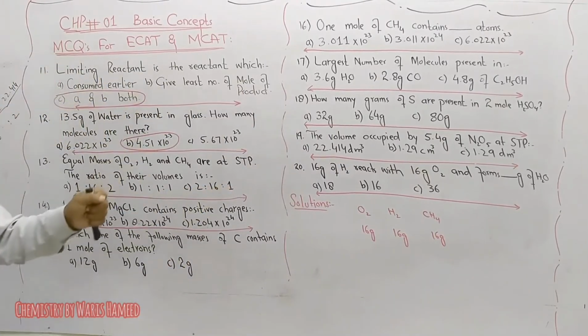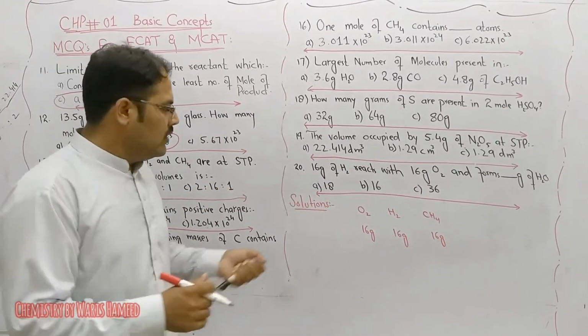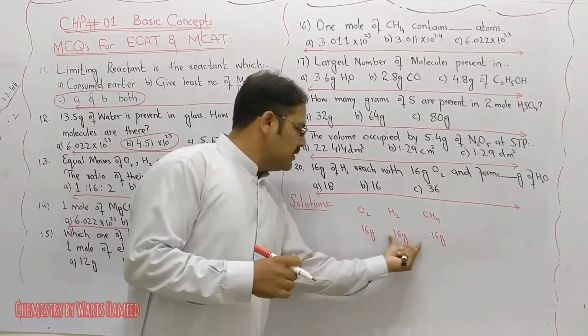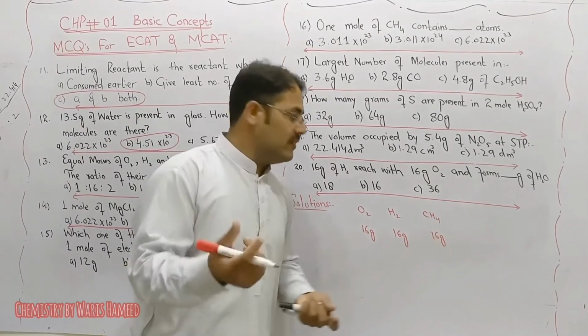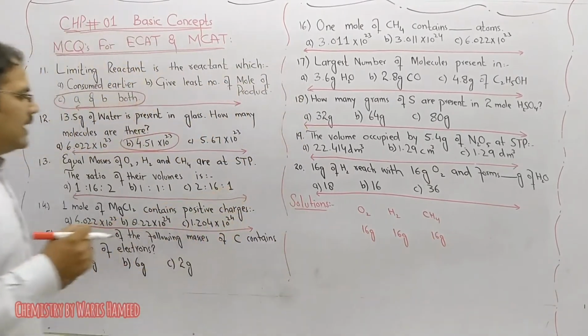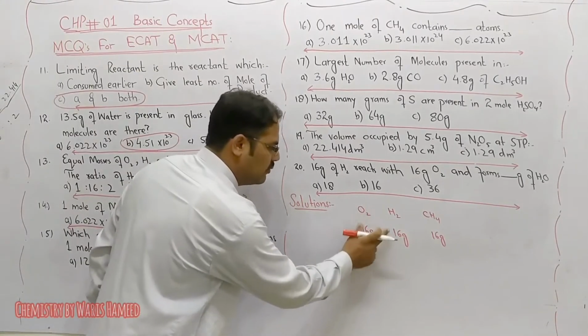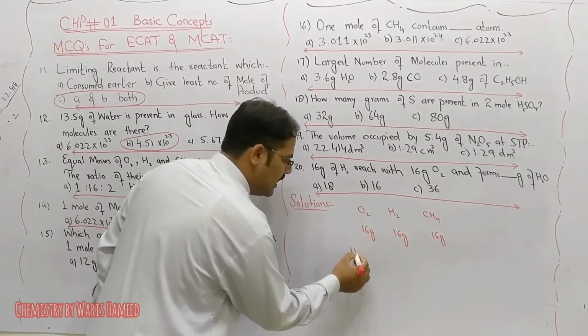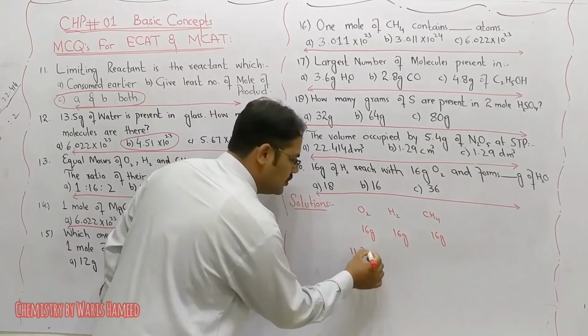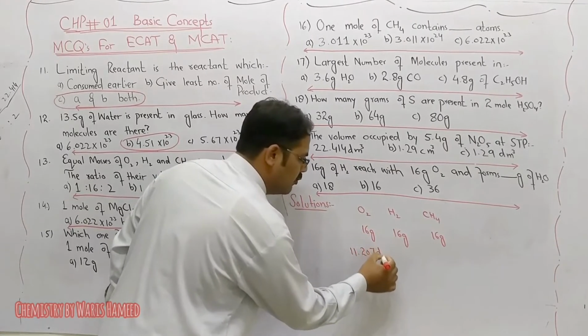Now calculate the volume of these masses, the occupied volume of each individual gas. Oxygen is half a mole, so it will occupy 11.207 dm cube.